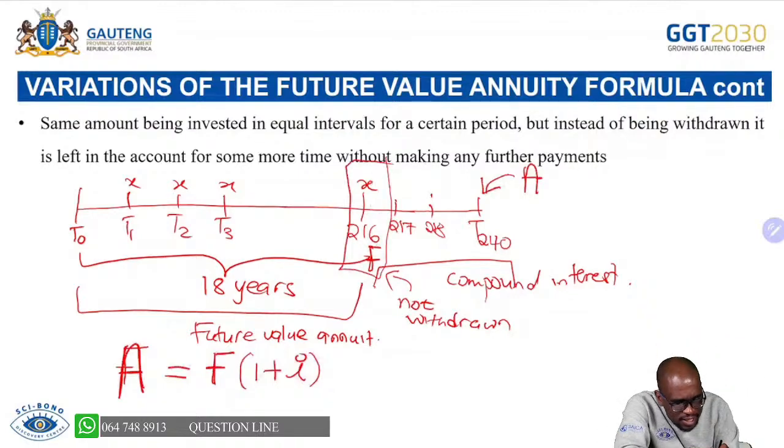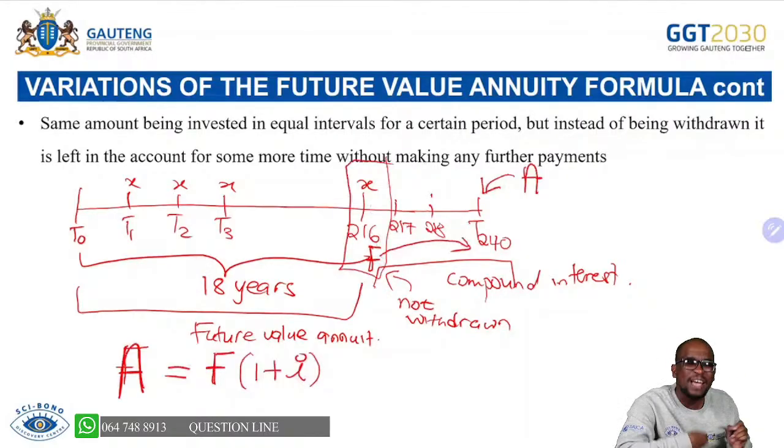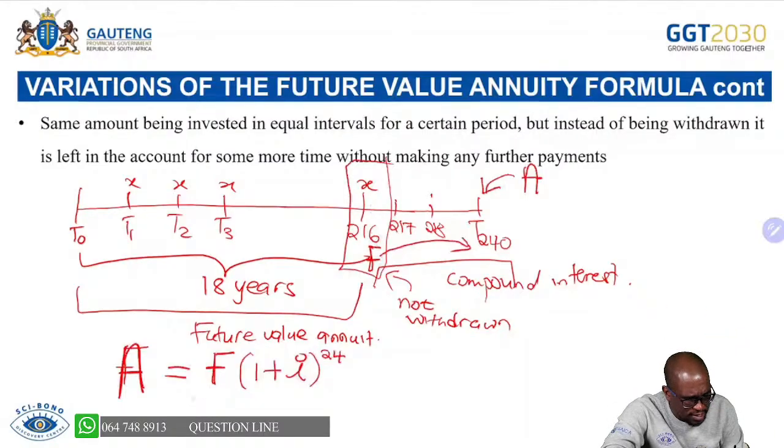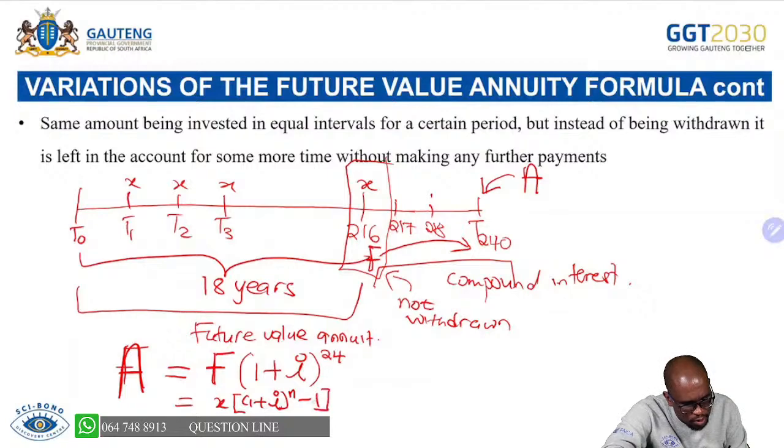So this money here that I would take out here will further grow by 24 months, all right? So I would have 1 plus i to the 24 because it will grow a further 24 months. All right. So what is the future value? It is x, all right, into 1 plus i to the n minus 1 over i, multiplied by what? 1 plus i raised to what? 24.